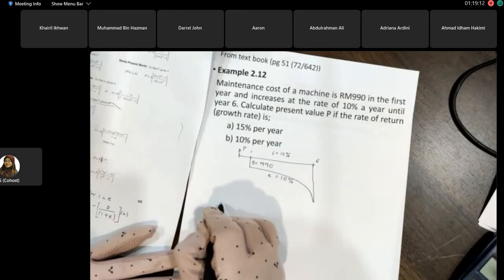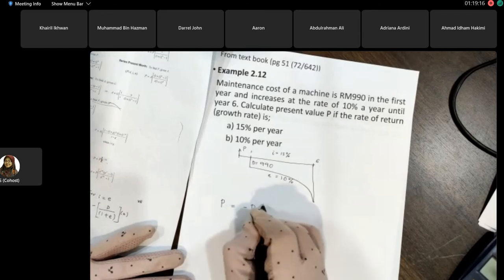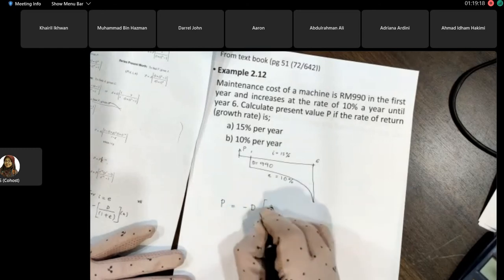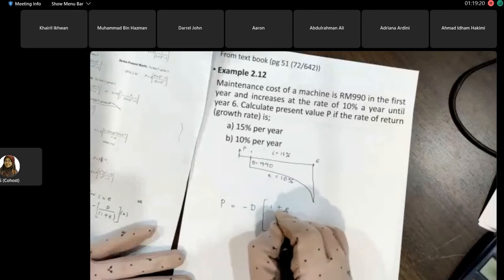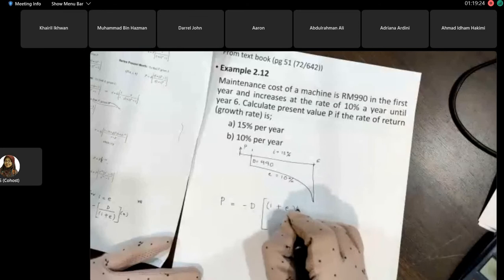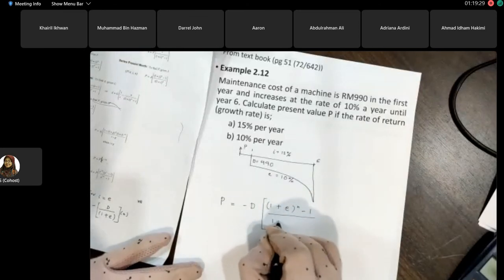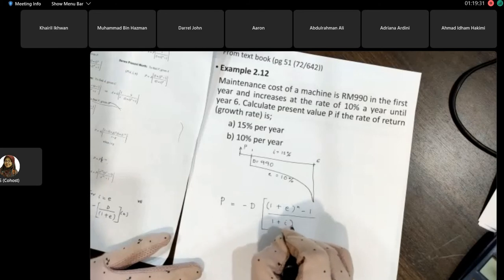So what you have to do is to use the formula 1 plus, power of N, 1 plus I.